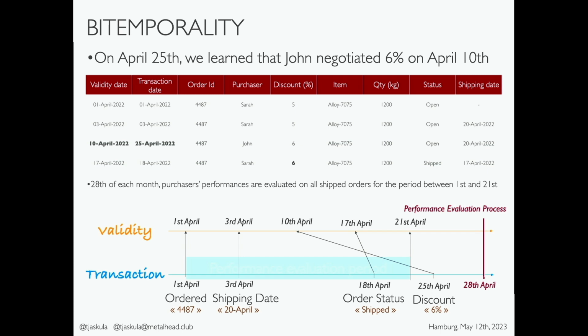So what we can see here is that if our performance evaluation process runs on 28th of April and it has the vision from the 1st to 21st of April, and if we look only at the transaction time, we wouldn't see the discount of 6%, which happened on 25th of April.